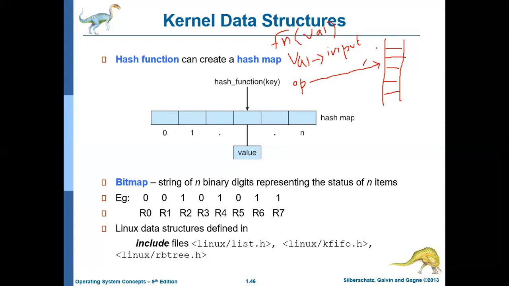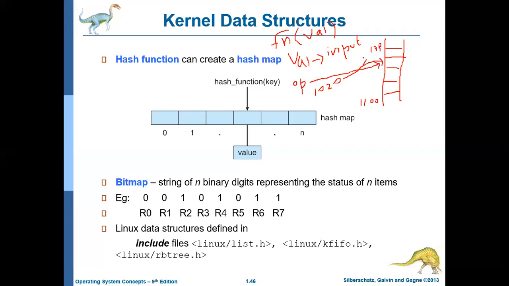Or you can assume that these addresses start from, say, 1000 to 1100. If the output is 1020, then it means the operating system should look at location 1020 and execute whatever instruction is at the 1020th location.